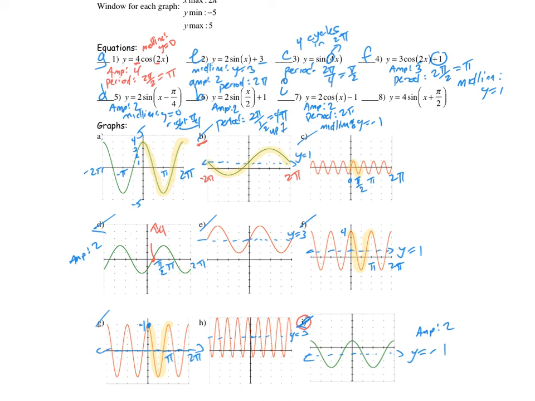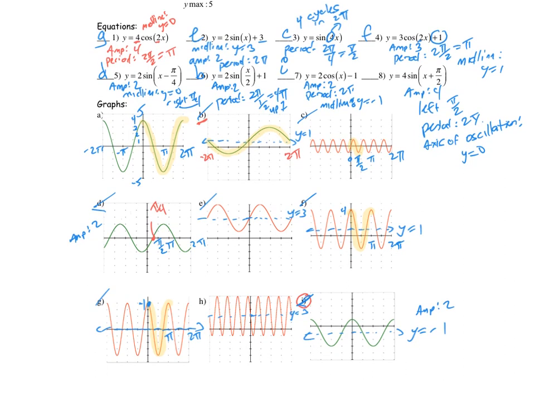And now we're down to our last equation. So this is a sine graph with an amplitude of 4, left pi over 2. The period is still 2 pi. The axis of oscillation is y equals 0. So we don't have that many graphs left. We need a sine graph which is shifted.